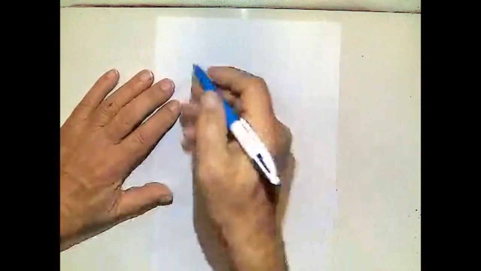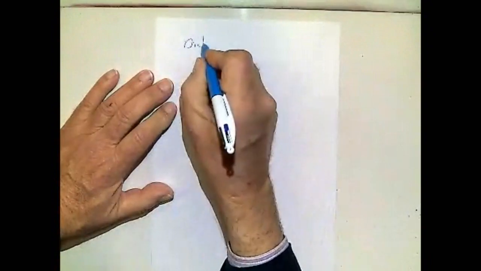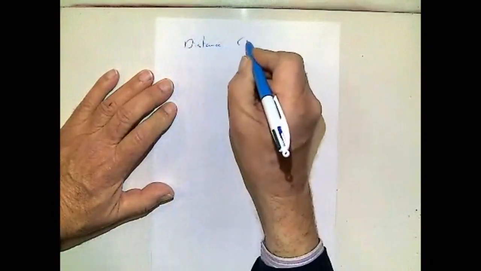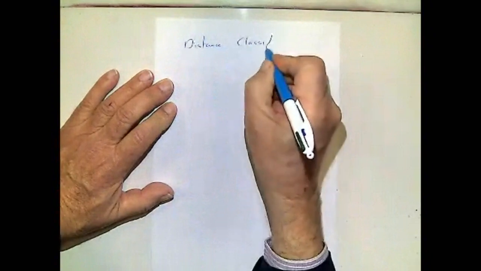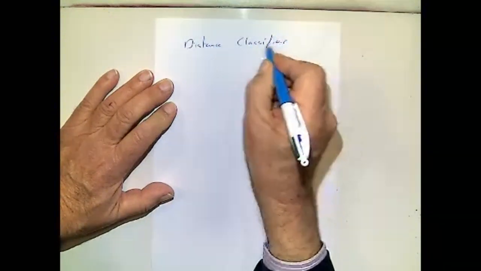No, it's disappeared, never mind. Let's get those out of the distance classifier. Right, here we are getting vector representations of data.